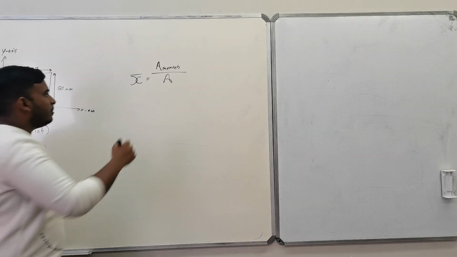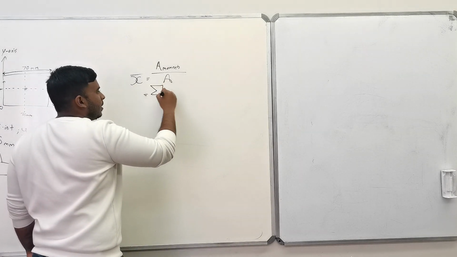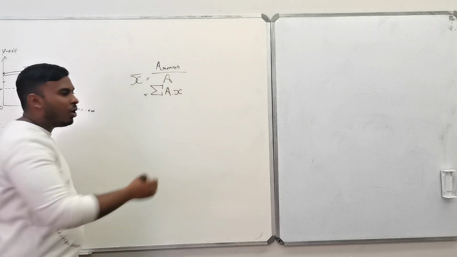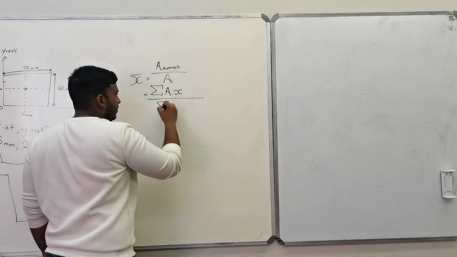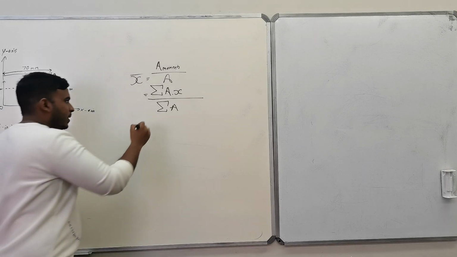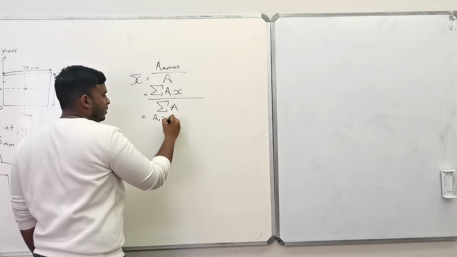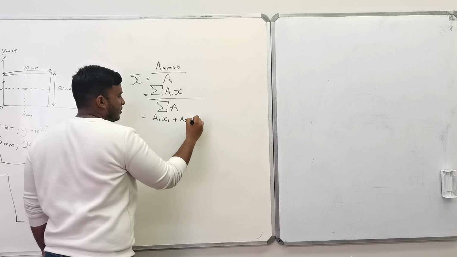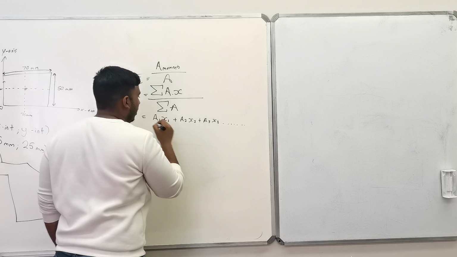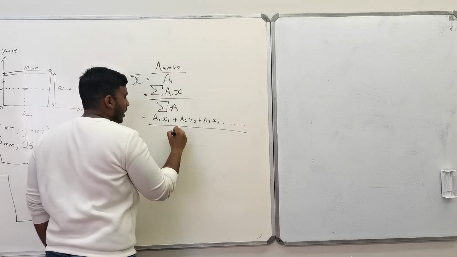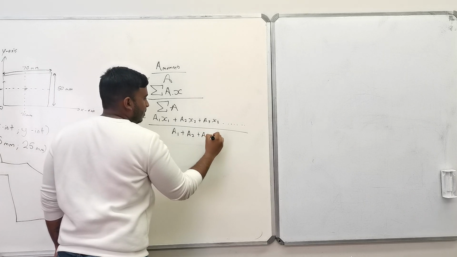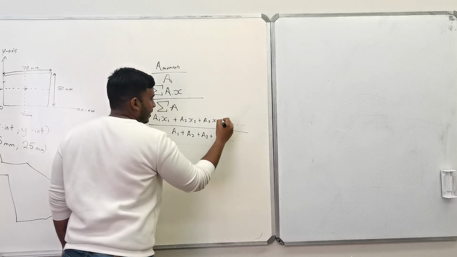So what that basically means is the sum of your area multiplied by your x values all over the sum of your area. So this could be A1 times x1 plus A2 times x2 plus A3 times x3 and so on, all over the total area, which will be A1 plus A2 plus A3 and so on.